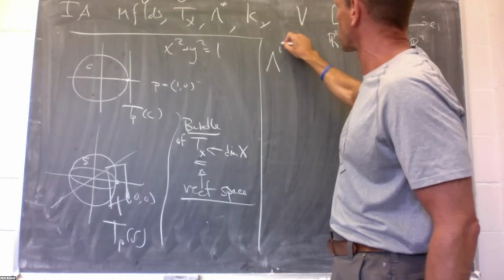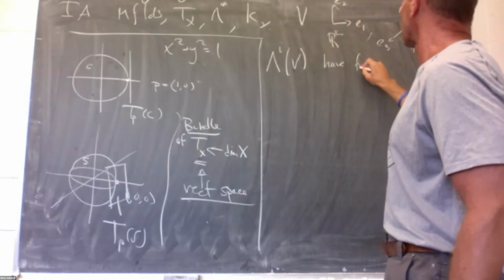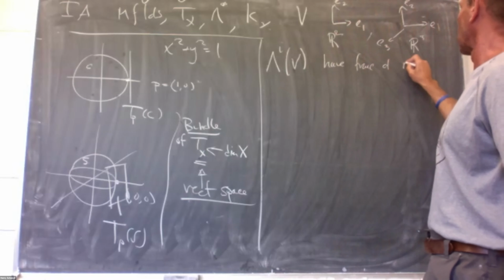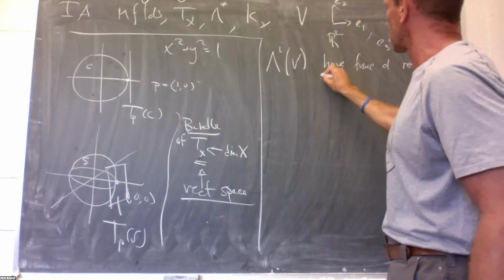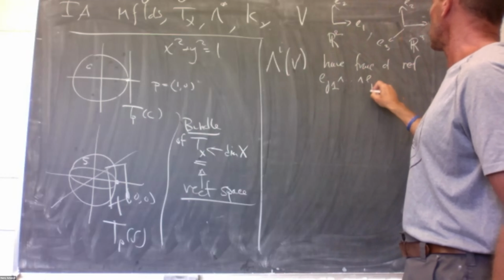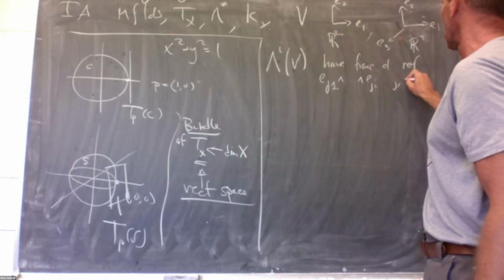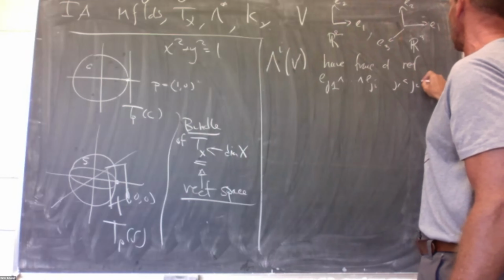The ancillary objects wedge i of V have, as a frame of reference, all tuples E_{j1} wedge up through E_{ji}. This is for wedge i, with j1 less than j2, and so on.